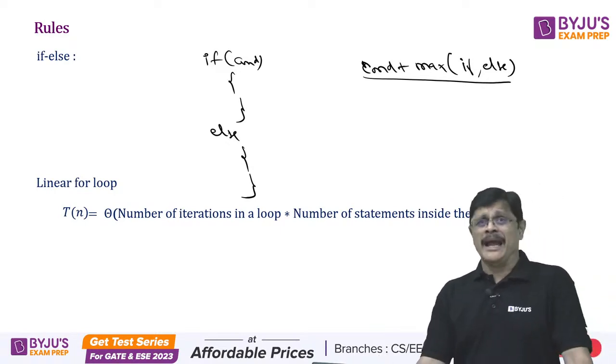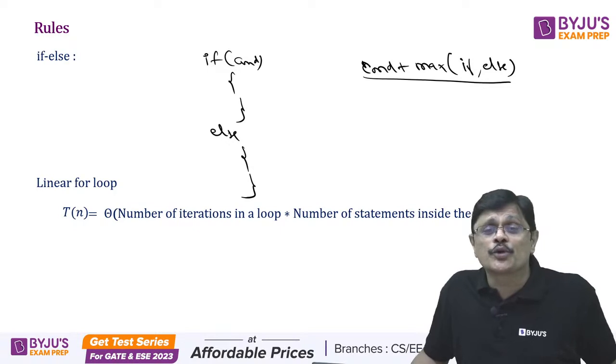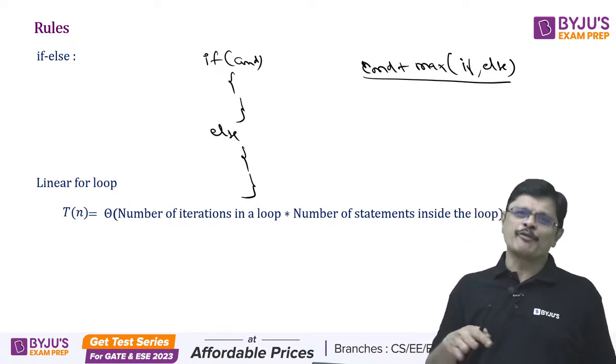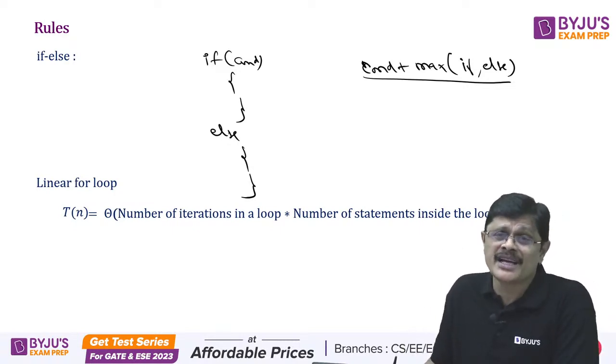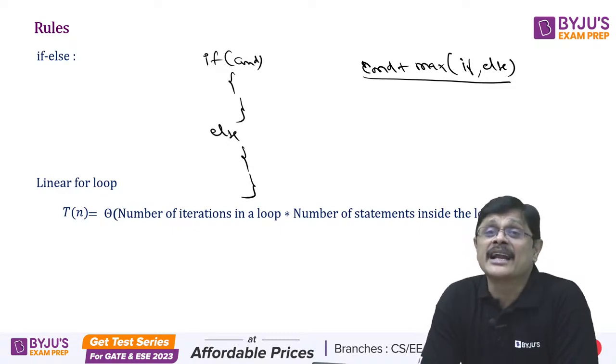But what generally contributes more to your time complexity is the loops. The selection structures, of course, may contribute, but what actually contributes more to your time complexity, generally making your time complexity a function of input size, is the repetition structures, the loop structures.